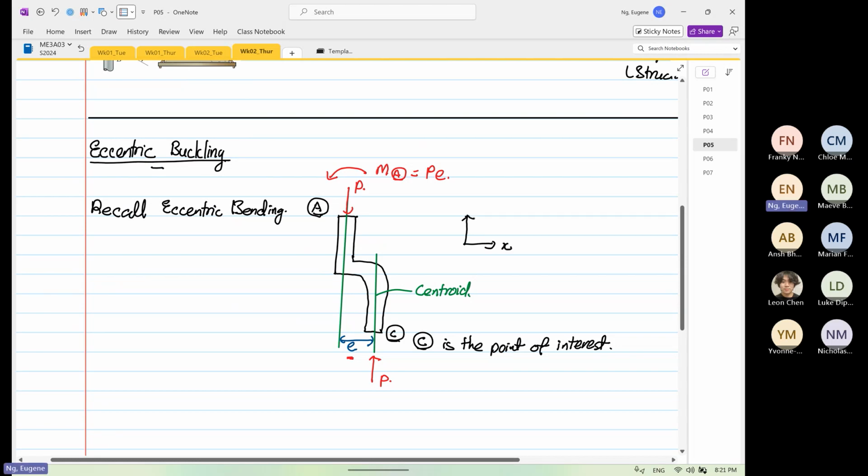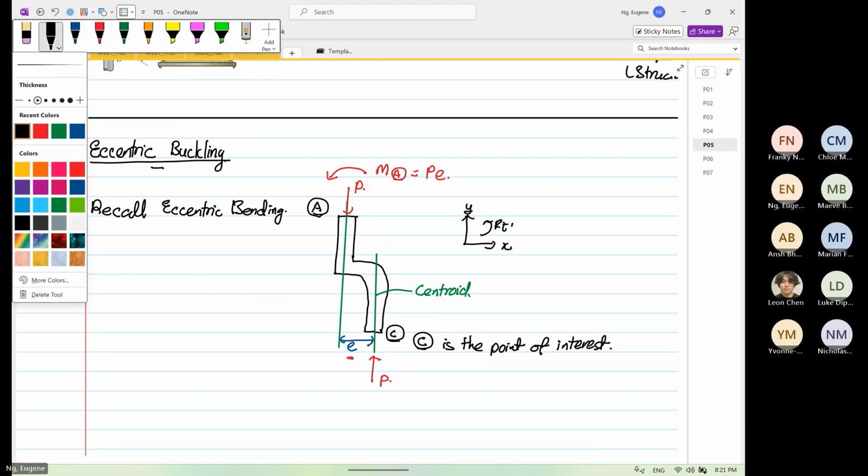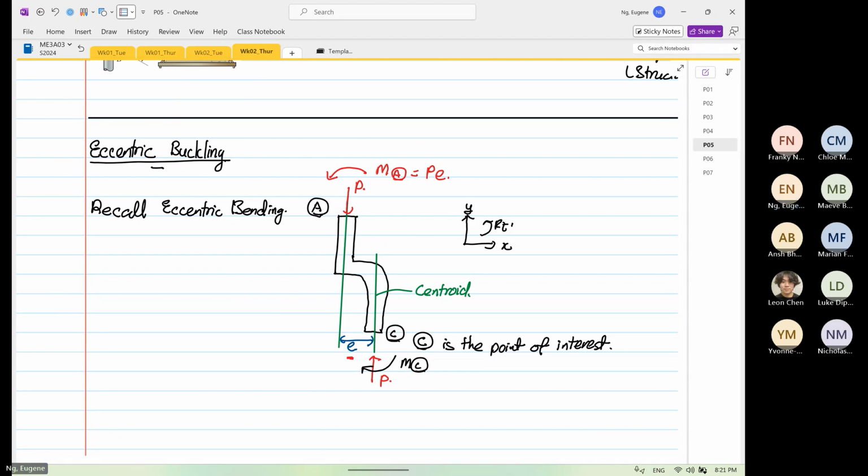So if this is X, this is Y, this is rotation about Z. And then at point C, there has to be a counter moment. So this is the moment at point C.